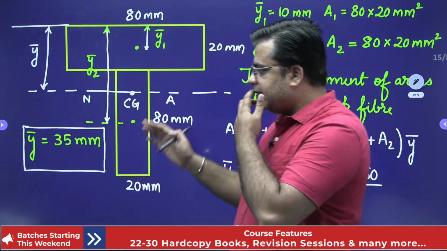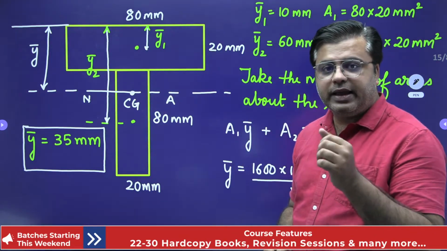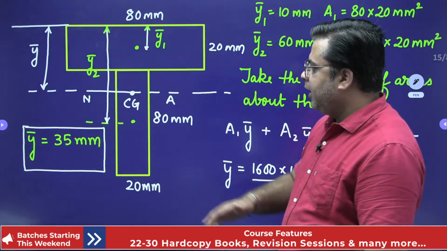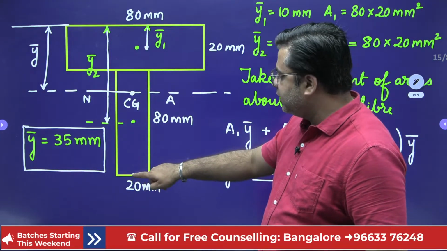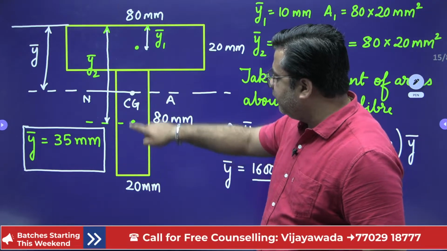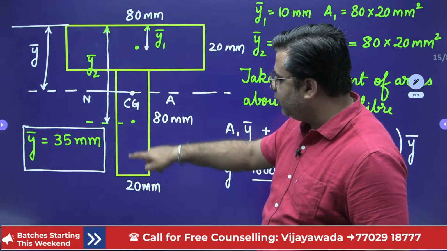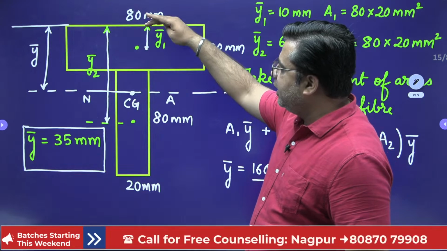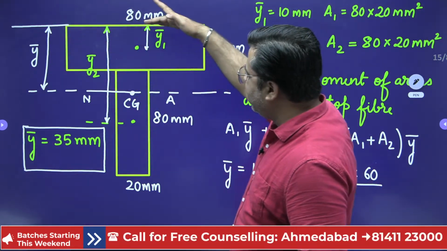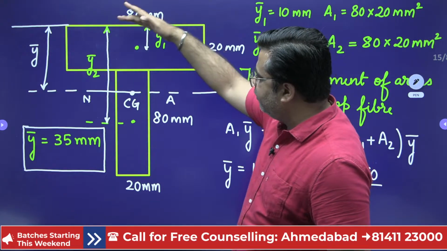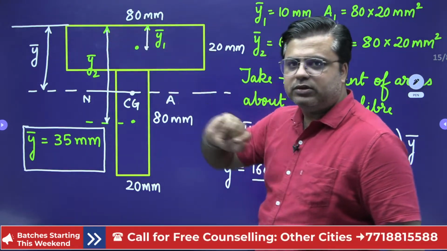If you want the position of the neutral axis from the bottom fiber, then Y1 bar and Y2 bar should be measured from the bottom fibers. Here I have got it from the top fiber, that's why I have measured Y1 bar and Y2 bar from the top fibers.